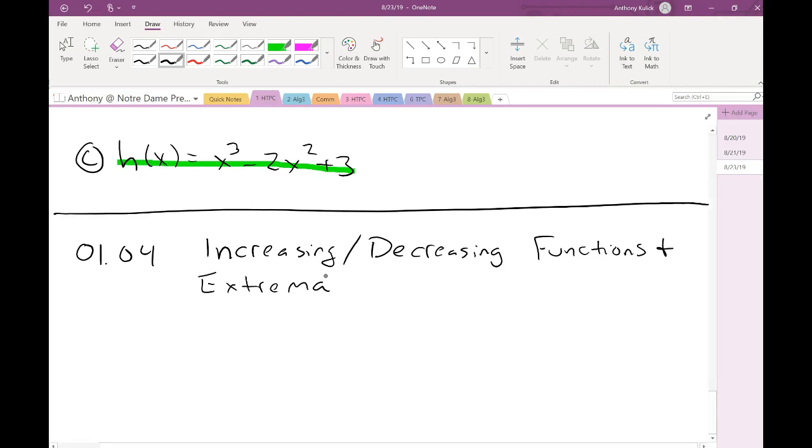So, let's do a couple of definitions here.